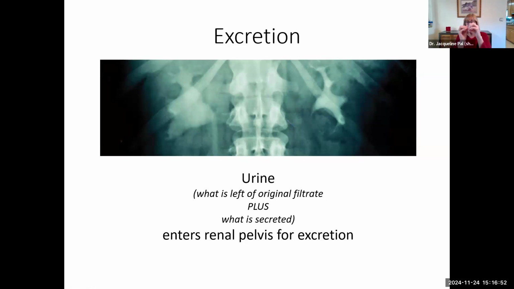So it was a glomerular filtrate minus the tubular reabsorption plus the tubular secretion. And then minus whatever ADH and aldosterone did. That is what is now your urine, and that's what enters the renal pelvis to be excreted.